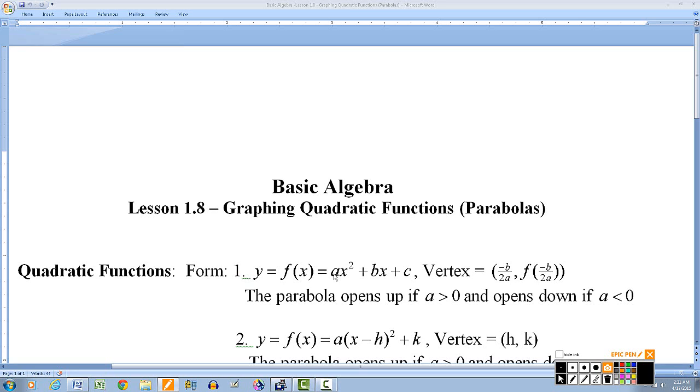That's the first component of the vertex, and the second component of the vertex, or the y value if you want, is f of minus b over 2a. So in other words, if you find the first value of the point, then you just plug it into the function. And it's going to open up if the a is positive, and open down if the a is negative.